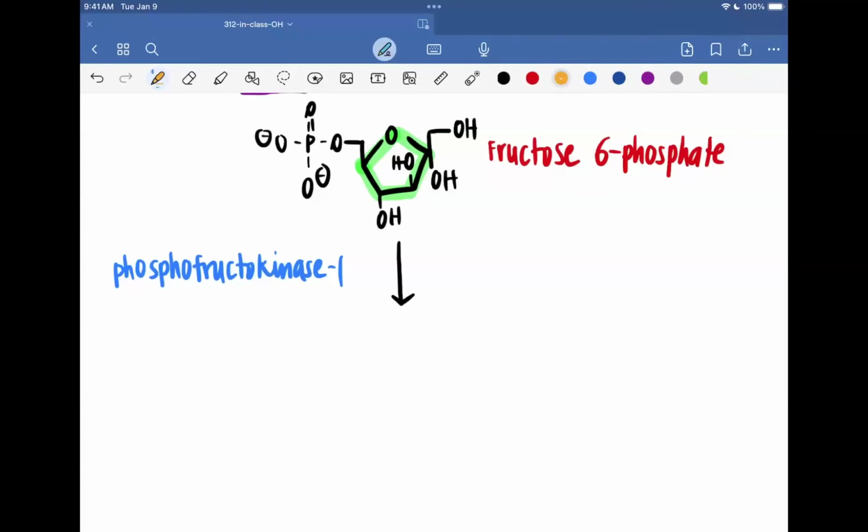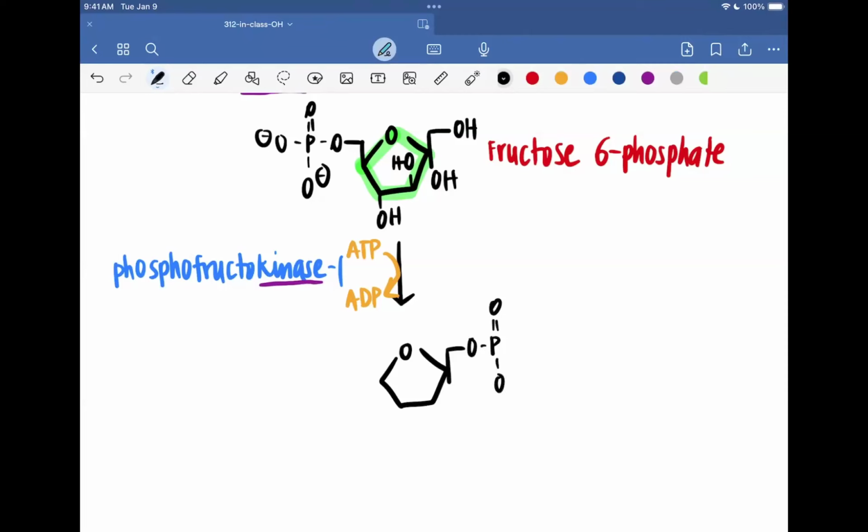And this kinase is telling us about its role in moving phosphoryl groups around, in this case from ATP to ADP, so that we can add a phosphoryl group to our first carbon.